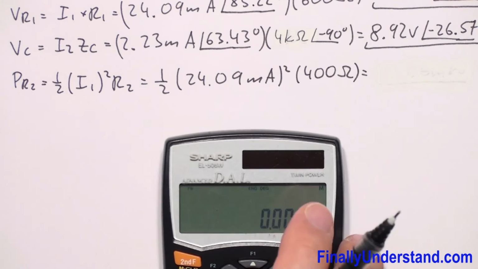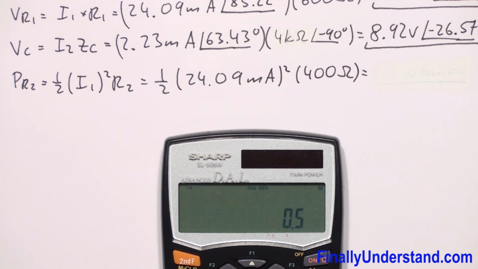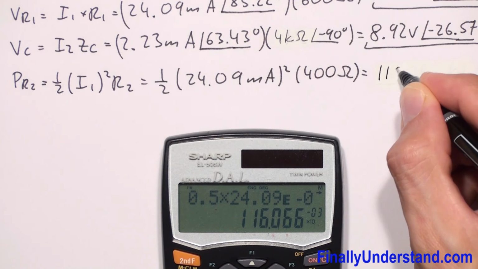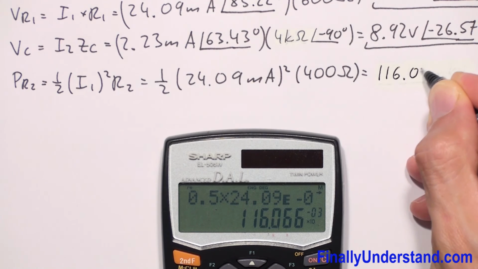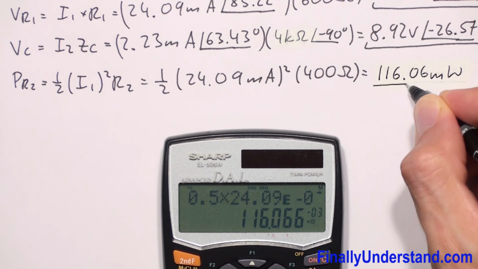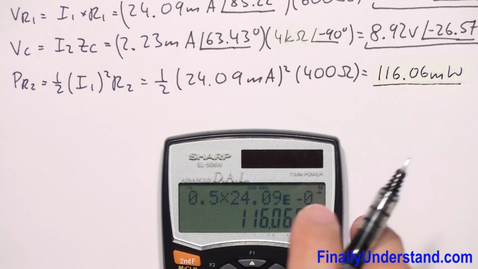Using the calculator, 0.5 times 24.09 exponent 3 negative squared times 400 is equal to 116.06 milliwatts, and this is the power at resistor R2.